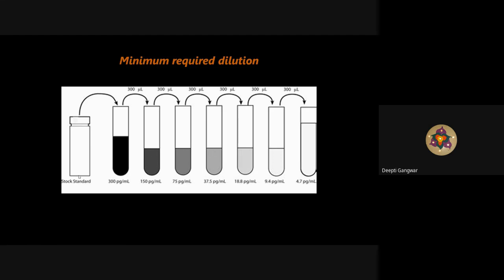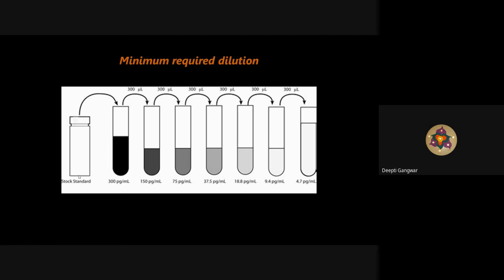Suppose I talk about 75, 37 and 18.8 pg per ml. These 3 concentrations are now falling in the dynamic range of my standard. So all of them, when corrected for their dilutions, will give you a close value of your HCP.